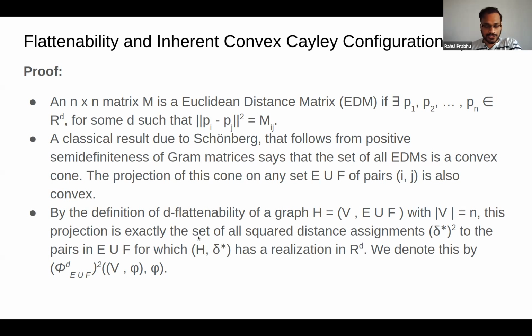So we denote this projection onto the set E union F as the Cayley configuration space in D dimensions for E union F. I put squared here because I'm talking about the squared Cayley configuration space; it's just that instead of realizable lengths, I'm taking the squares of the realizable lengths.